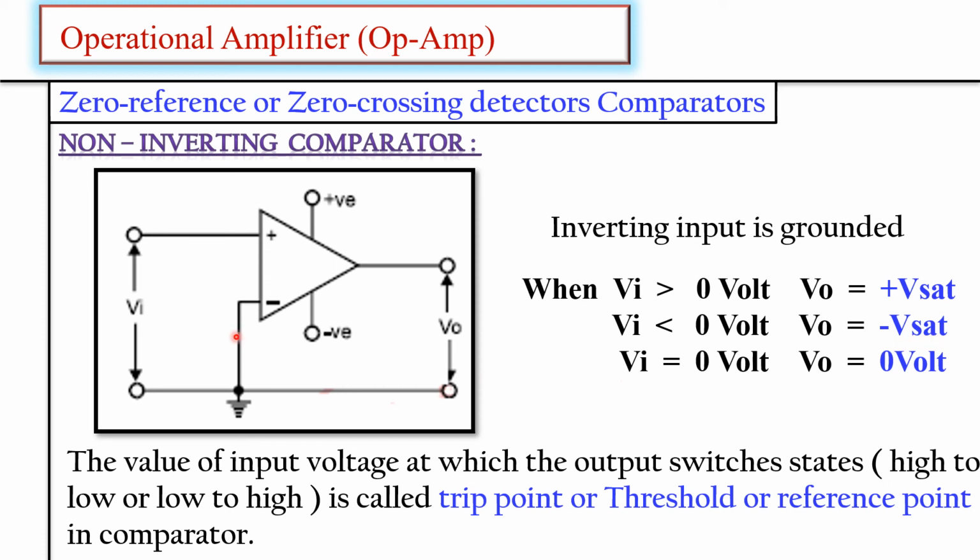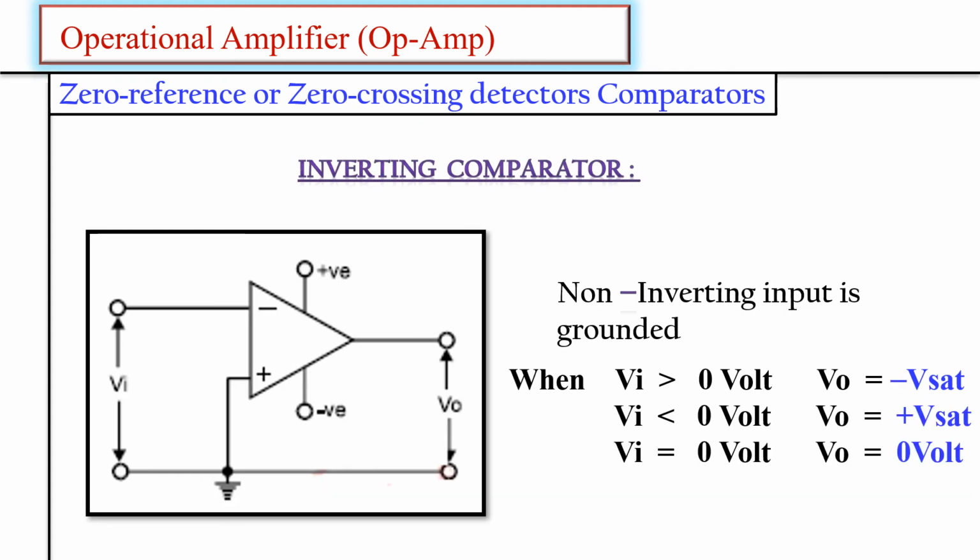When the input voltage applied to the non-inverting comparator equals 0 volt, the output voltage equals 0 volt. The value of the input voltage at which the output switches from high to low or low to high is called the trip point, threshold or reference point in the comparator, where the output changes state from low to high or high to low.